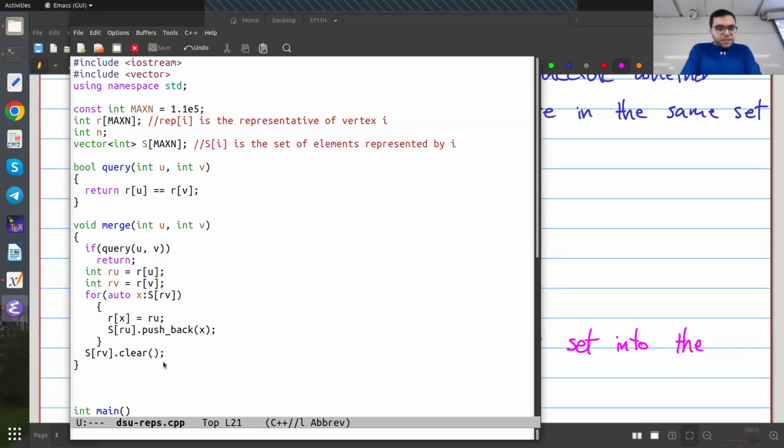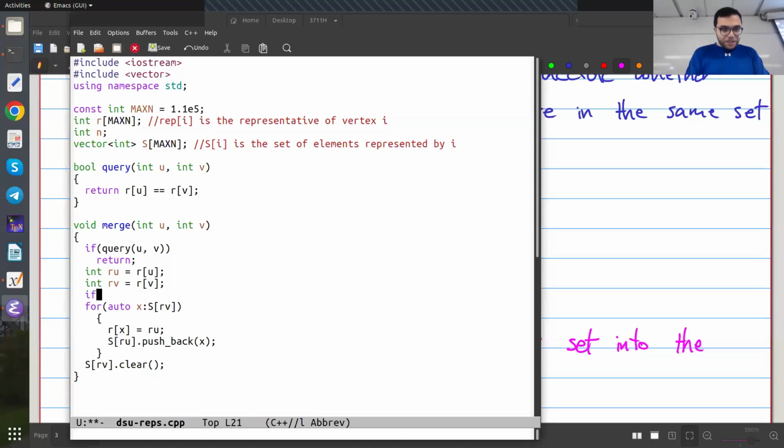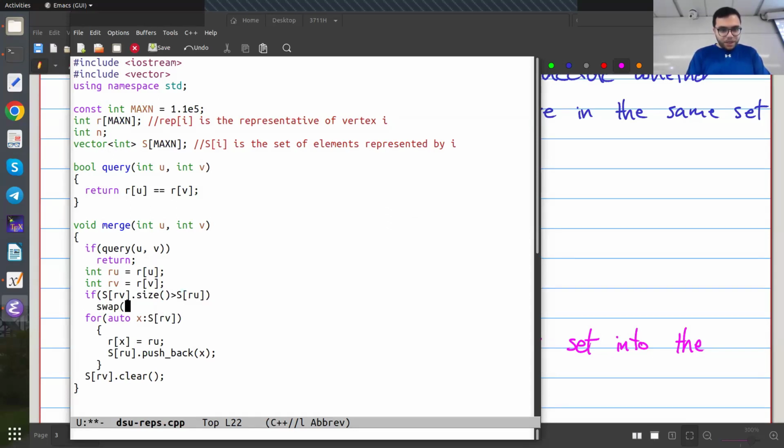But I want to do this only if this is the smaller set, right? Now, you can write an if and do this twice, or you can just do this. You can say check if S of RV has a size that is bigger than S of RU, just swap them. Okay, so this makes sure that RV is the representative of the smaller set now.